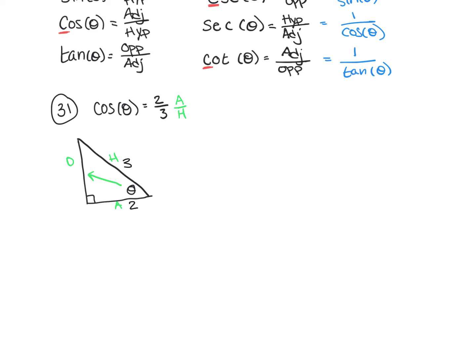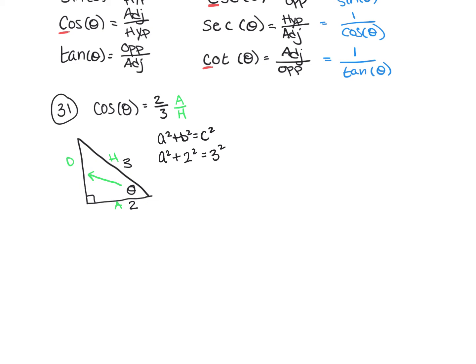Now I need to use my Pythagorean theorem, a squared plus b squared is equal to c squared, to find that last side. I don't know that top one, so we'll just call that a squared, and add that to 2 squared is equal to 3 squared. Remember that hypotenuse is always your c.